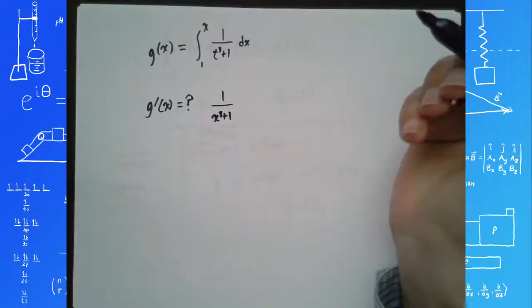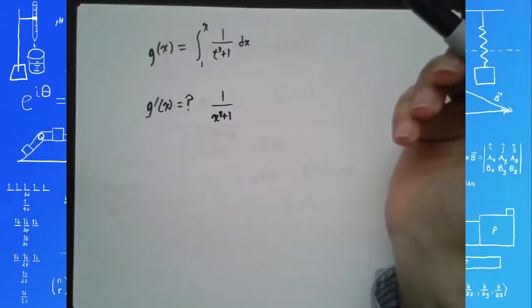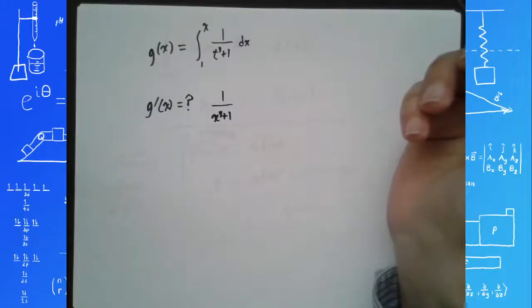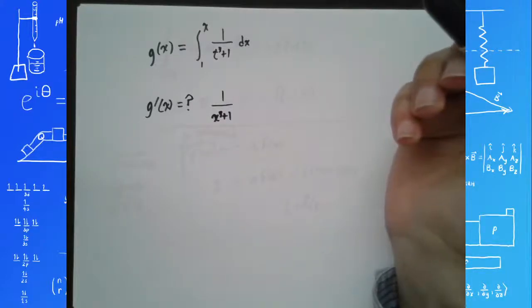And this might give you the idea that when you take the derivative of the integral, you just get the integrand, which is not necessarily correct.